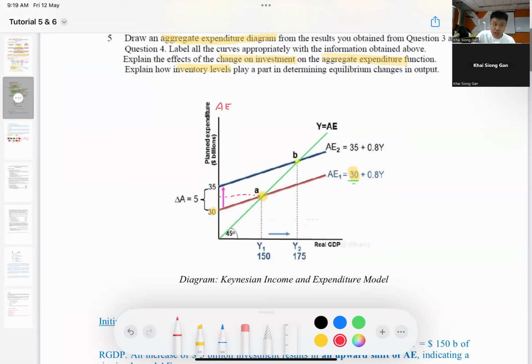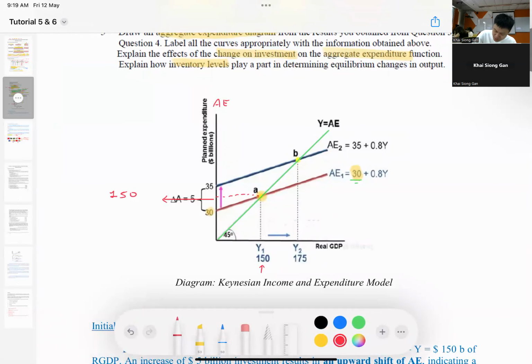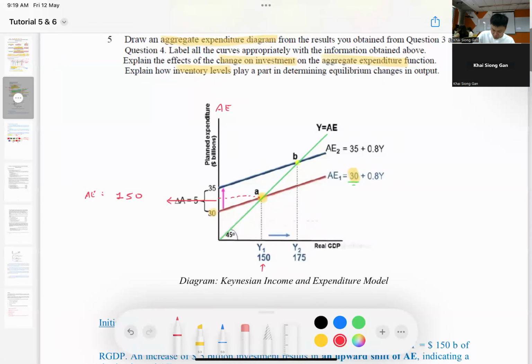From the calculation in question 3 just now. And the expenditure here is 150. This is why I recommend you not to label the 30 and 35. It will be very messy because it's not at the right scale. So remember, when my output is 150, my aggregate expenditure is also 150.